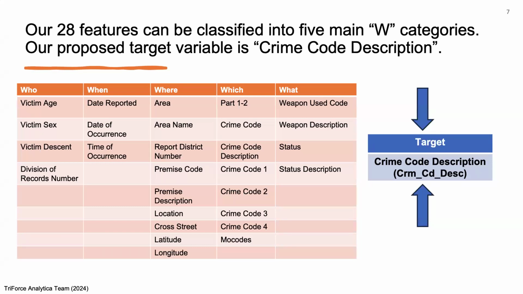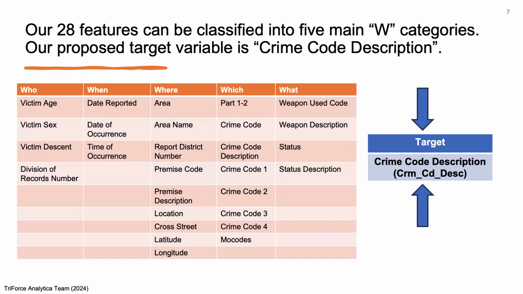Which refers to which type of crime was actually committed. Of course we have the part 1 and 2, where part 1 are the more serious violent crimes, and part 2 are the less serious non-violent crimes. We also have crime code and their description. We have crime code 1, which is actually the primary crime, and codes 2, 3, and 4 are additional crimes that were perpetrated by the suspects.